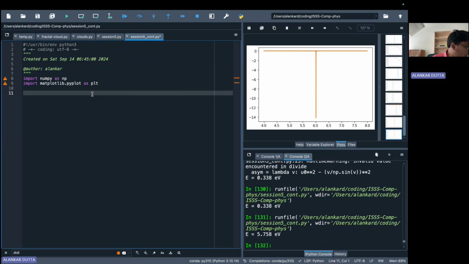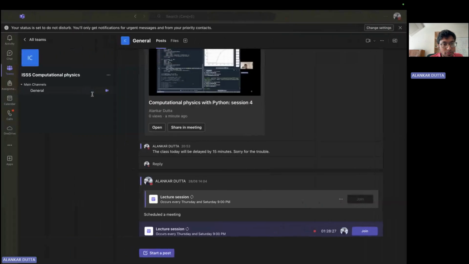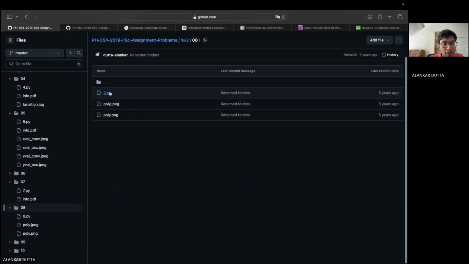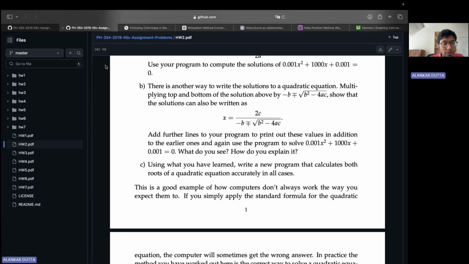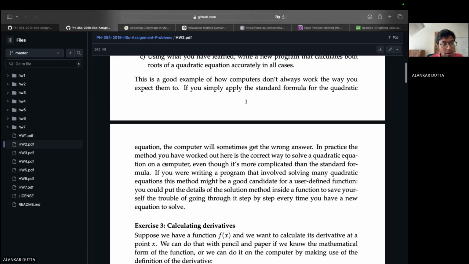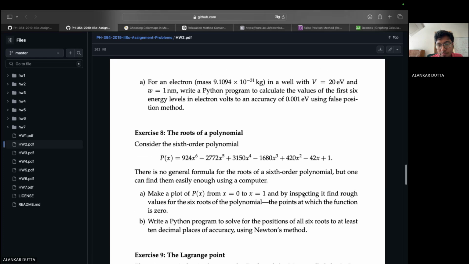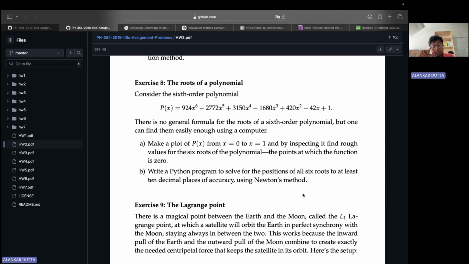There is no general formula for the roots of a sixth order polynomial, but one can easily find them using a computer. From x equals 0 to x equals 1, make a plot of the polynomial that's given, and by inspecting it, find rough values of the 6 roots. So let me open the question for people to see.